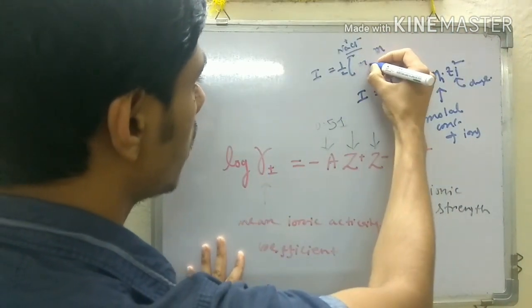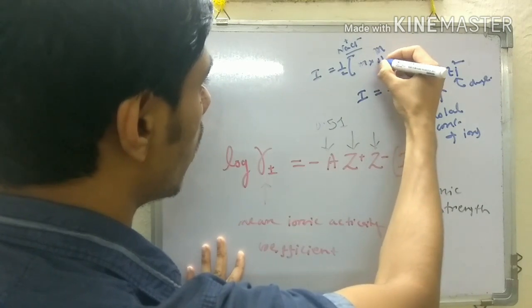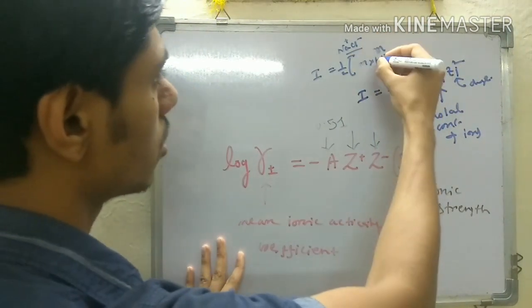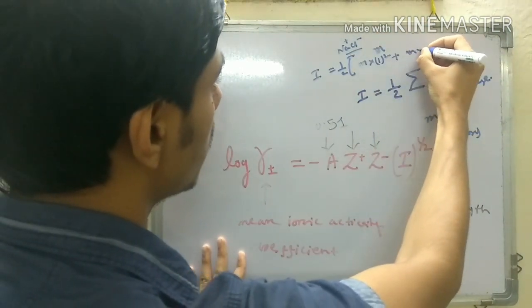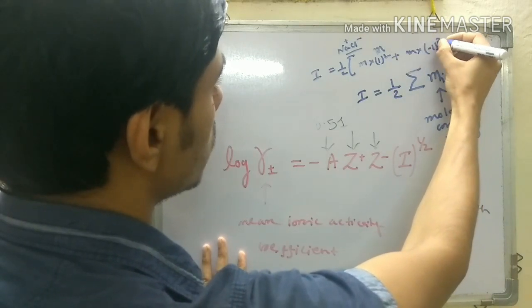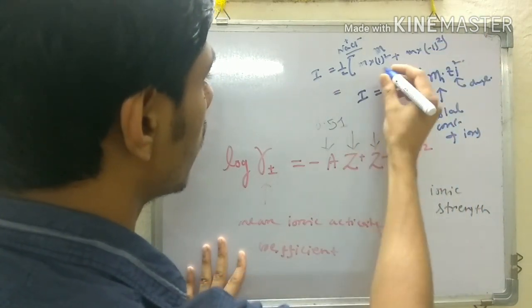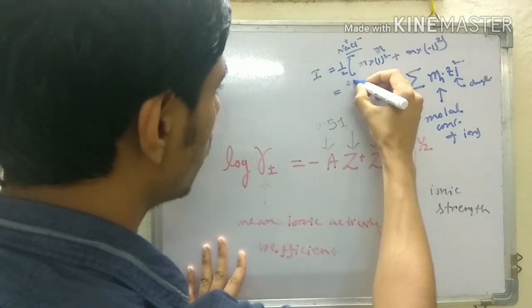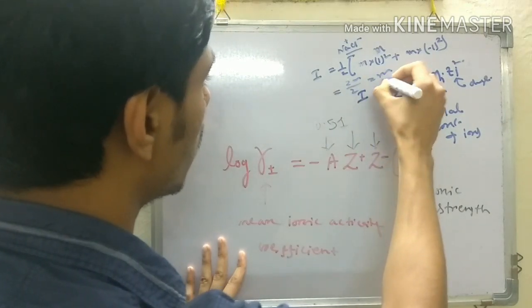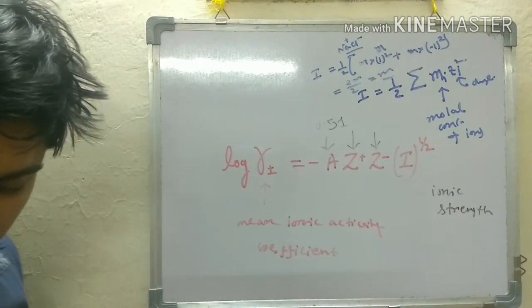So it will be m into 1 square, where 1 means the charge, plus m into minus 1 square. So overall you get 2m by 2, equal to m. So this is for NaCl.